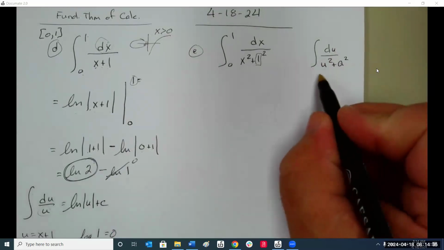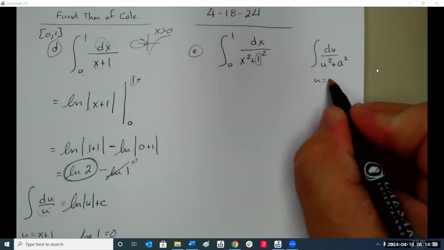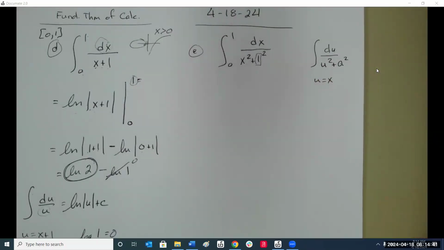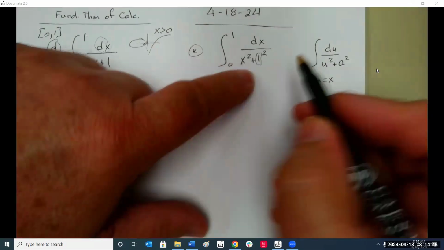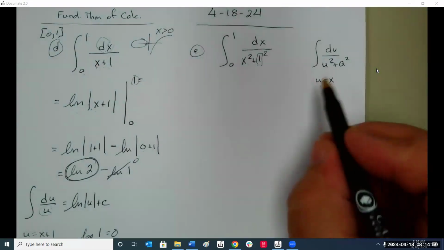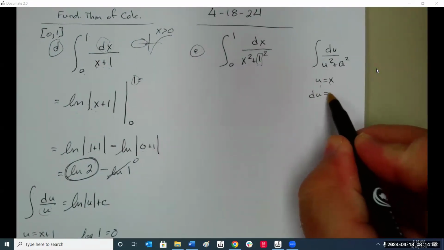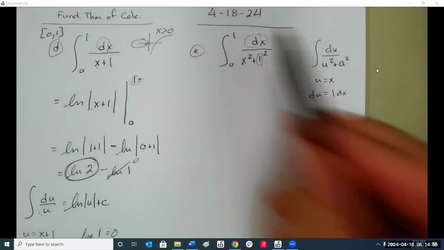So what is u? u is x. No, but this is x squared, so it's u squared. So u is x itself. That makes du is 1 dx, which is what we have on top.